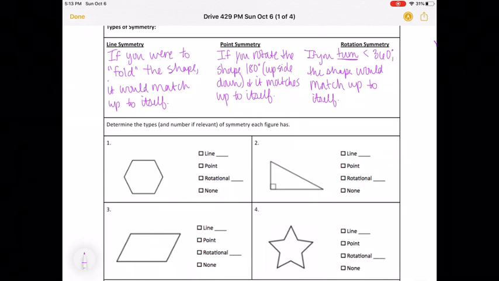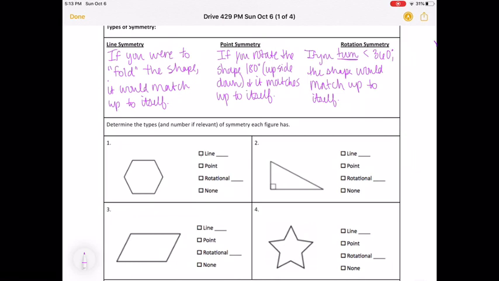So now we're going to kind of look at how those look on a shape and recognize those. So looking at our first one here, so we have a 1, 2, 3, 4, 5, 6, a hexagon, all right? So first we're going to kind of just go down the line and see if each of these are true. So line symmetry, meaning if you folded that shape, would it match up to itself?